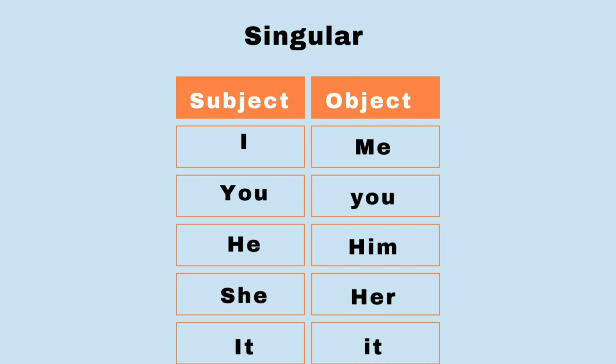The subject pronoun is you, the object pronoun is also you. The subject pronoun is he, the object pronoun is him. The subject pronoun is she, the object pronoun is her. The subject pronoun is it, the object pronoun is also it.